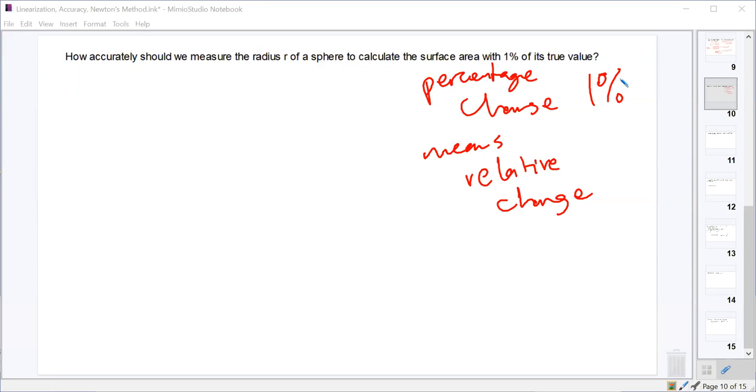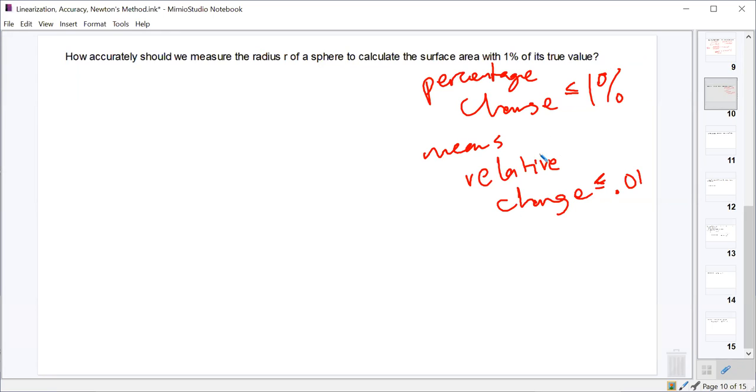Percentage change is 1%, that means that the relative change needs to be 0.01, right? And if we want a percentage change to be within 1%, that means it's less than or equal to 1%, which means our relative change needs to be less than or equal to 0.01.